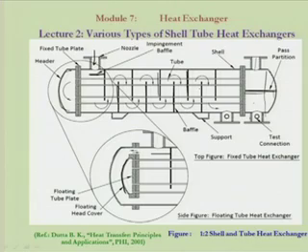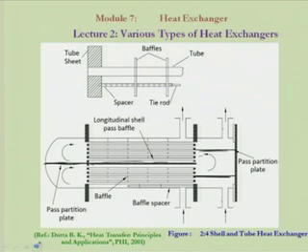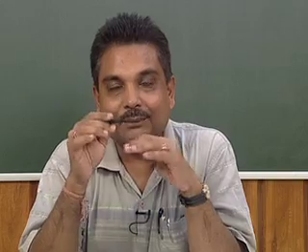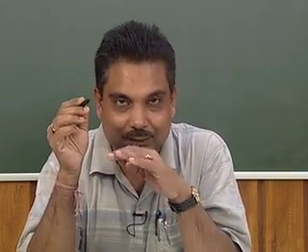It is a circular kind of plate, simply like a tube seat, with some holes through it, and it should not be equal to the diameter of the shell, otherwise there is no passage for the shell side fluid. So there will be a segmental cut. The baffles will be cut into segments, and therefore they are called segmental baffles.